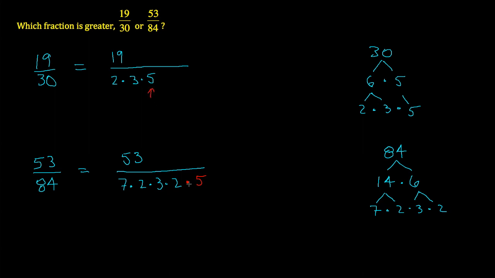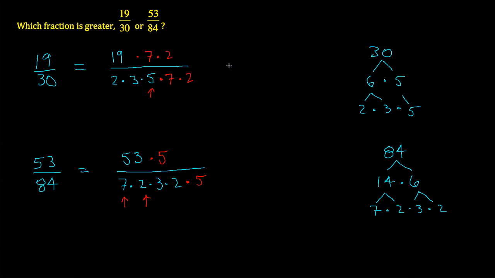So I will put a 5 in that denominator and a 5 in this numerator. So I'm multiplying top and bottom by 5. Similarly, this denominator has an extra 7 and an extra 2 as factors. So I need to put in a factor of 7 and a factor of 2 in this denominator, and I do it both top and bottom.